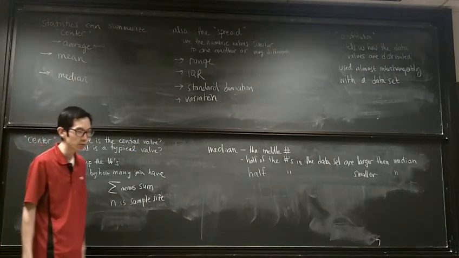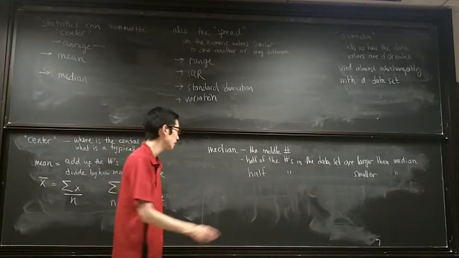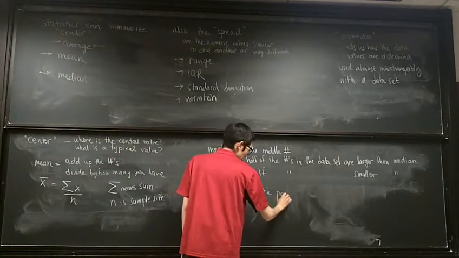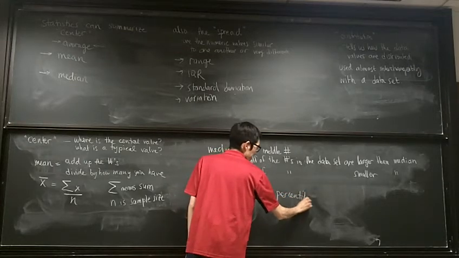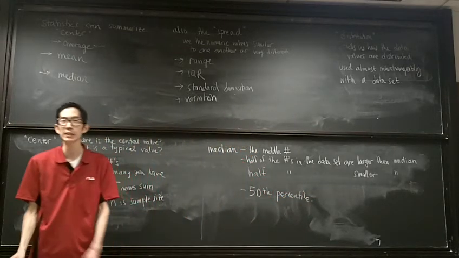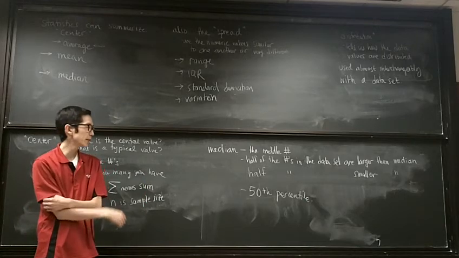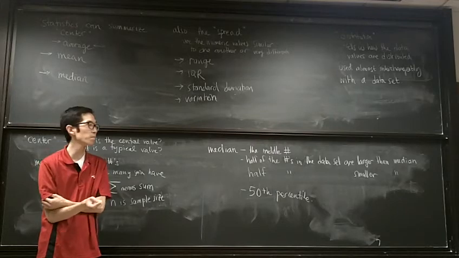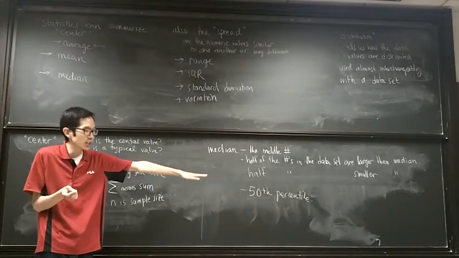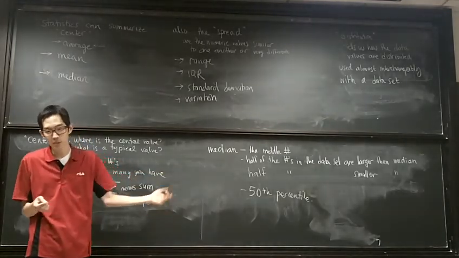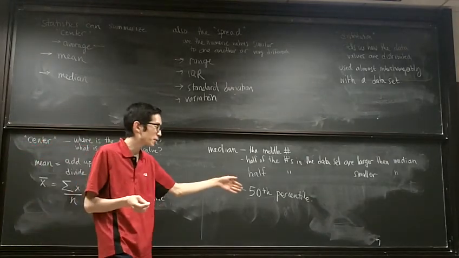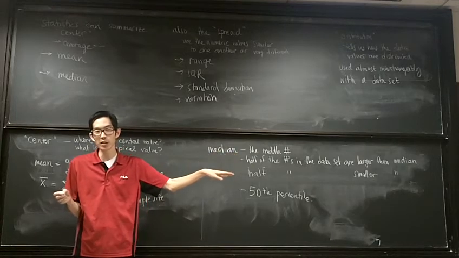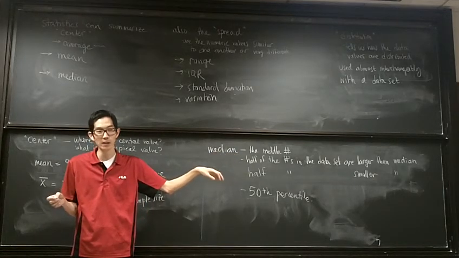The median is also known as the 50th percentile. Are we familiar with the term percentile? Whatever number is the percentile, it means that percentage is smaller than that percentile. So the 50th percentile means that 50% of the data is smaller than the 50th percentile.